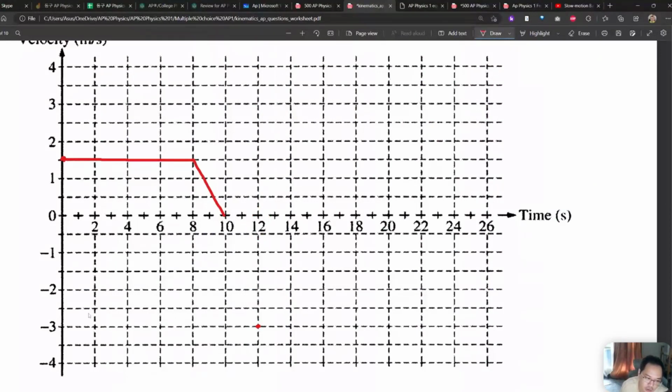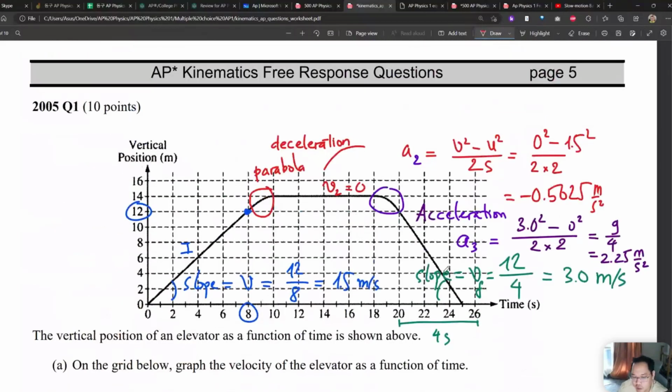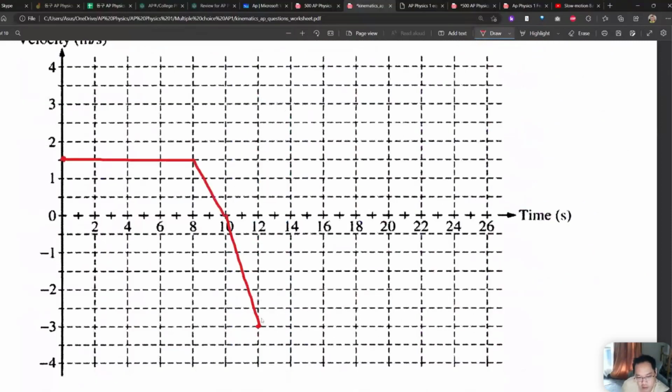So the part here has the higher slope. And finally, constant negative velocity till the end, 26 seconds. Another horizontal line. So this is the final answer.